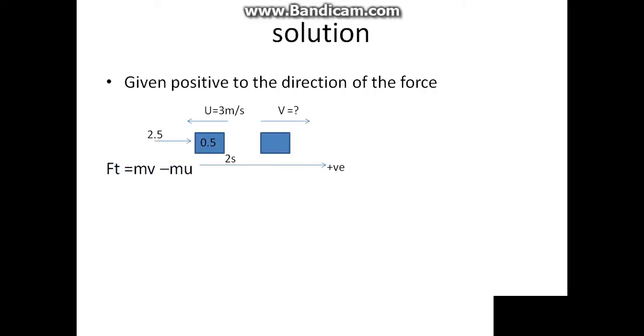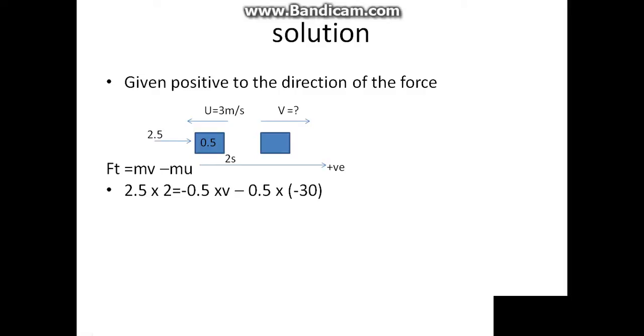From the formula of momentum, we have that force times time, Ft, is equal to mass m times final velocity v minus mass m times initial velocity. Substituting the values, we have 2.5 for the force times 2 for the time is equal to, since we are giving positive to the direction of force, the final velocity is in the negative direction.